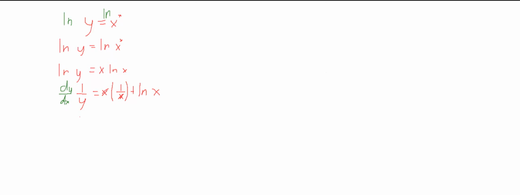And this will be dy dx, which should be equivalent to, if we multiply y on both sides, y times 1 plus ln x. Now this is in terms of two variables. Now we already have information that y is x to the power of x.